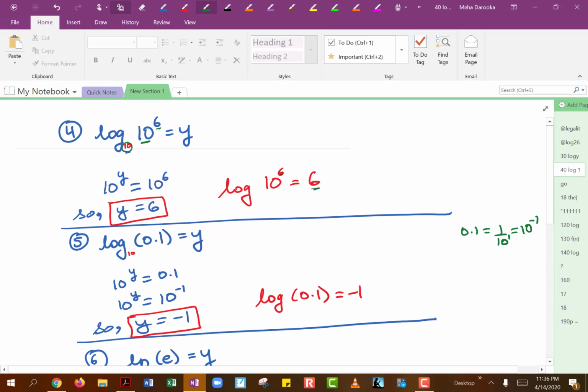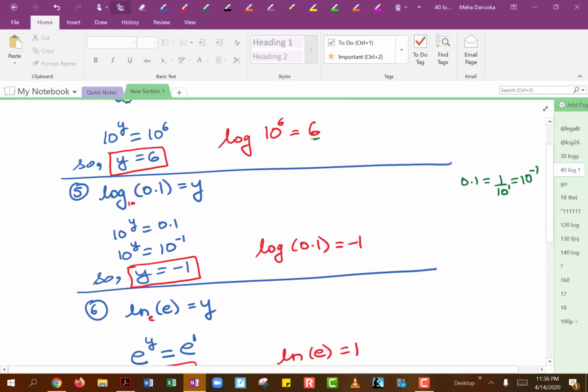If you look at number 5, our base here is 10. 0.1 is the same thing as 10 to the power of -1. So basically, if you have log of 10 to the power of -1, and this is already a base 10 logarithm, your answer is going to be -1, which is what we got over here.